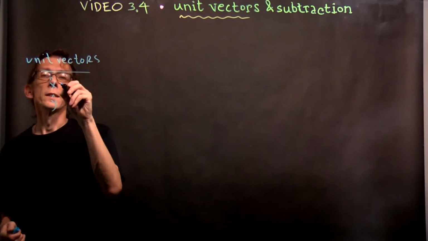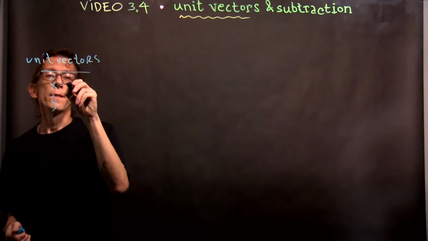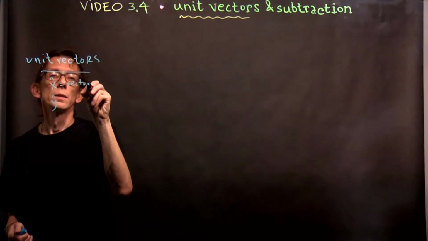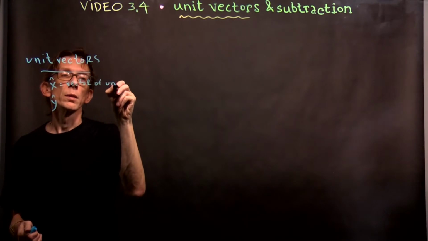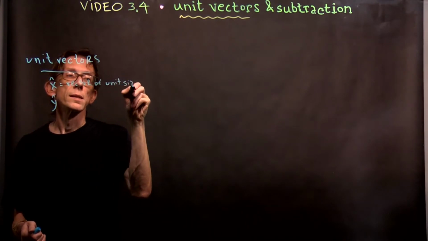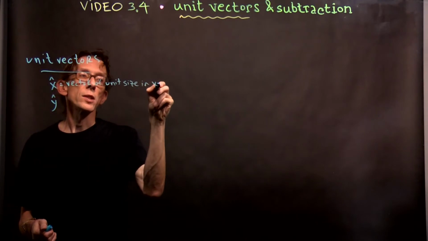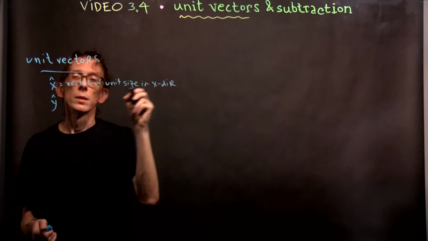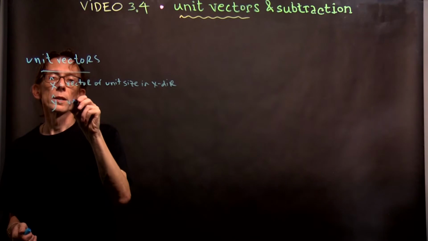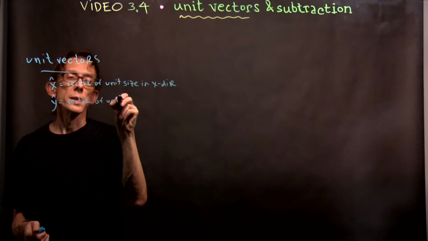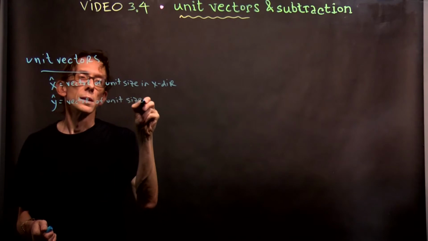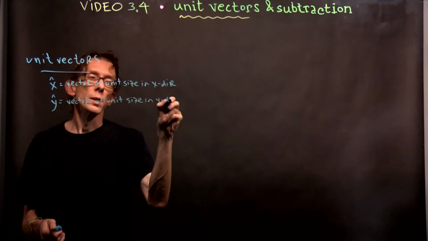Okay, this is a vector of unit size in the x direction. Y hat is a vector of unit size in the y direction.